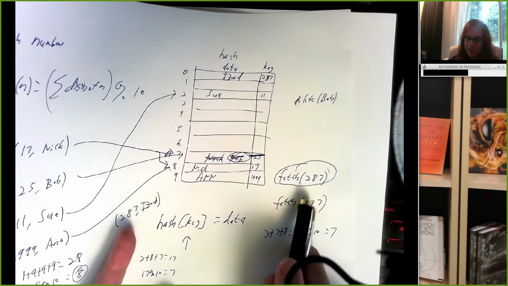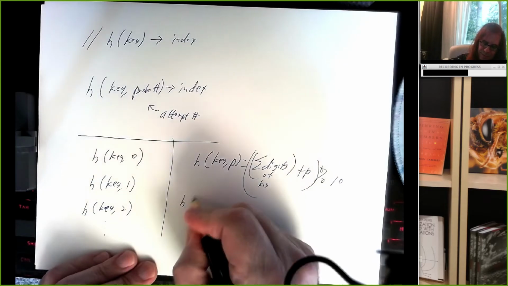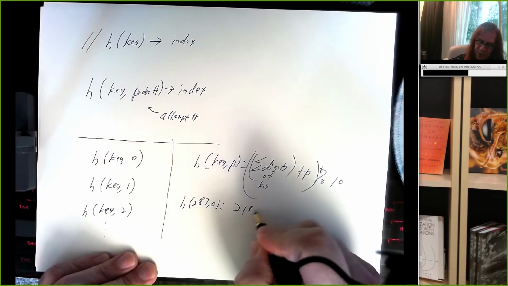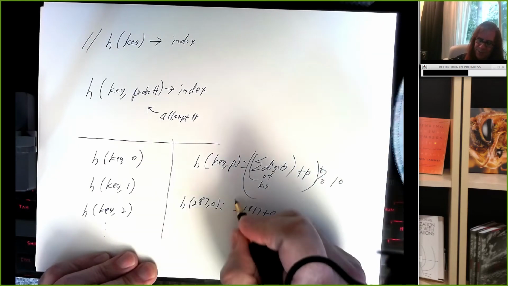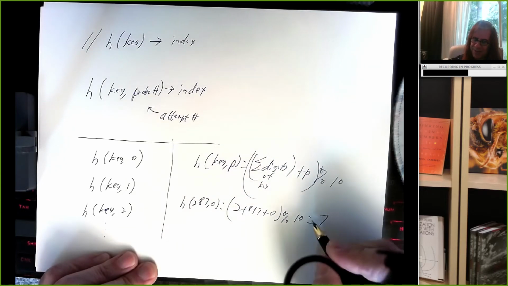So let's say I want to store 287. So I'm going to do 2 plus 8 plus 7 plus the probe number, which is 0. Reduce that modulo 10, that's going to be a 7.